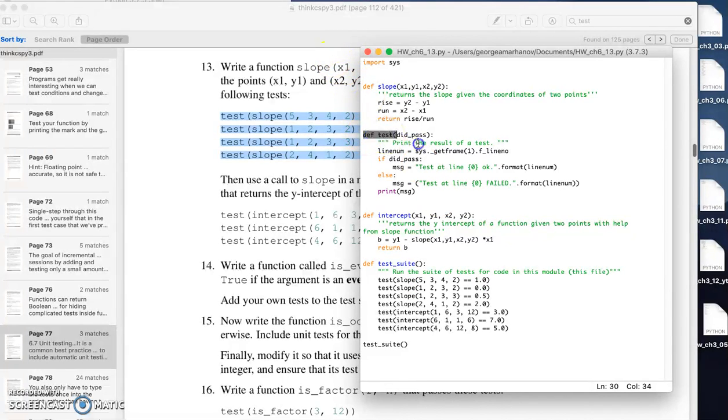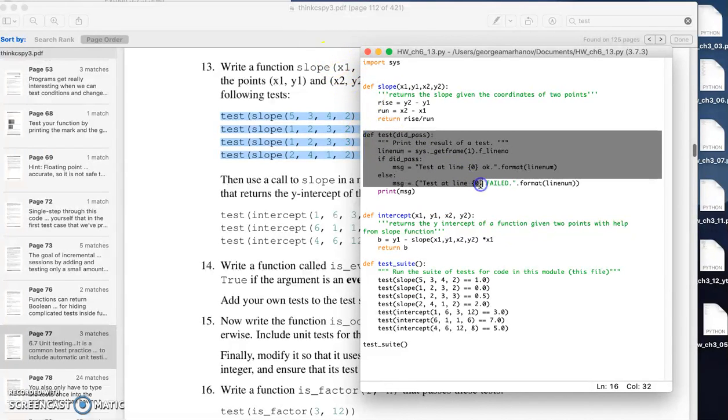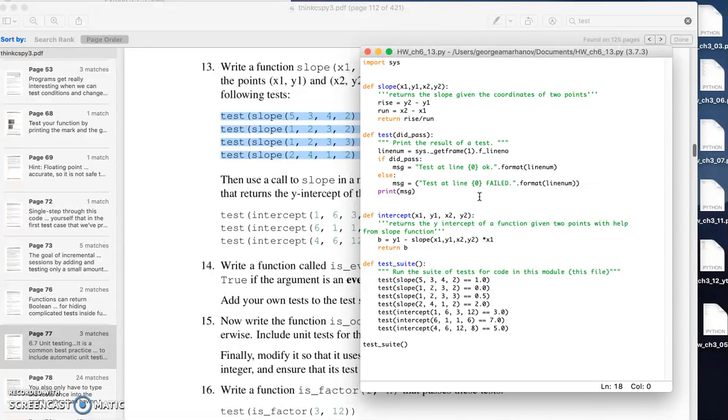This test function is part of that unit test, and this line right here gets the line number of our file, and if it passes, it's going to display this message and test that line, whatever that line number calculated is, okay.